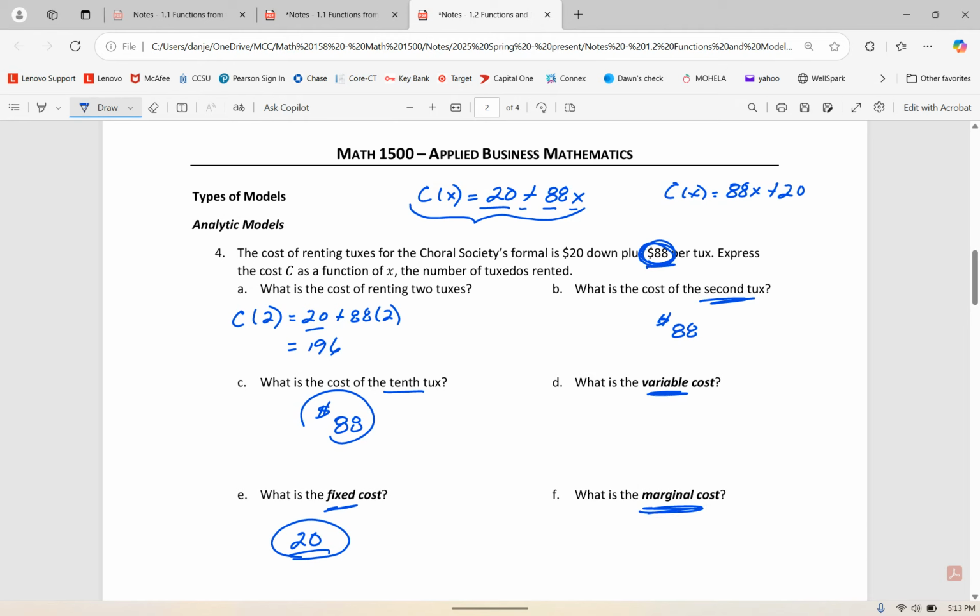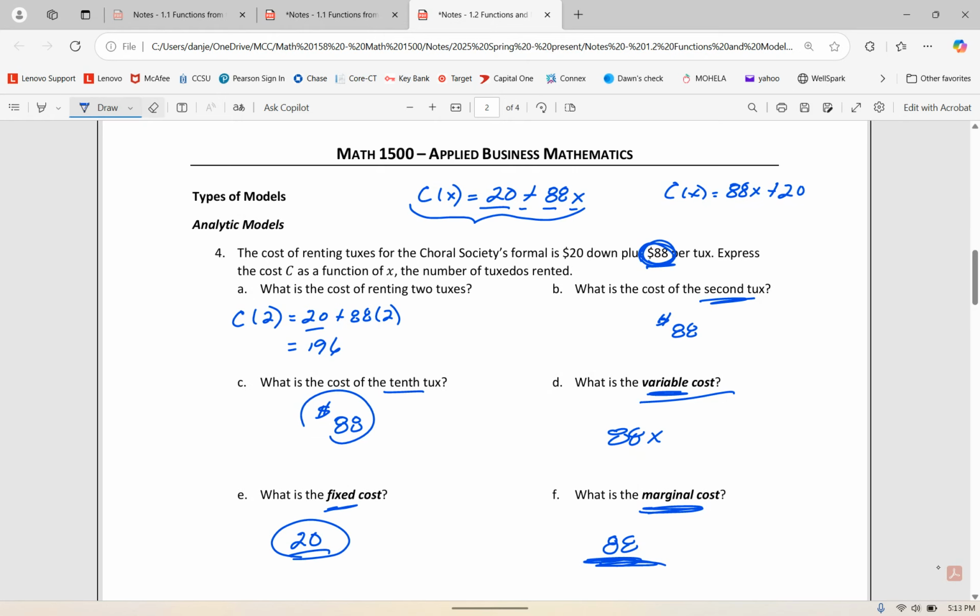My marginal cost is the cost per tux. My cost per tux is $88, so my marginal cost is $88. The variable cost is simply the 88x. 88 times 2 is the variable cost for 2 tuxes. 88 times 10 is the variable cost for 10 tuxes, because the marginal cost is $88 per tux.